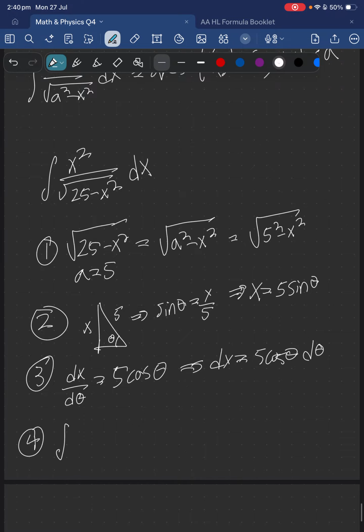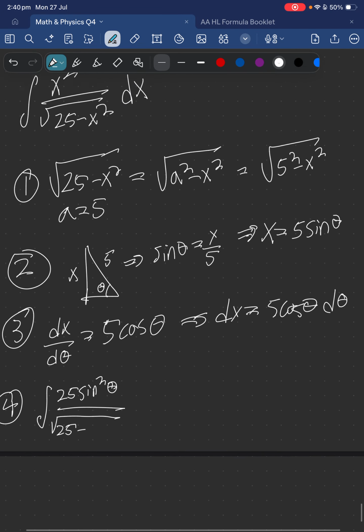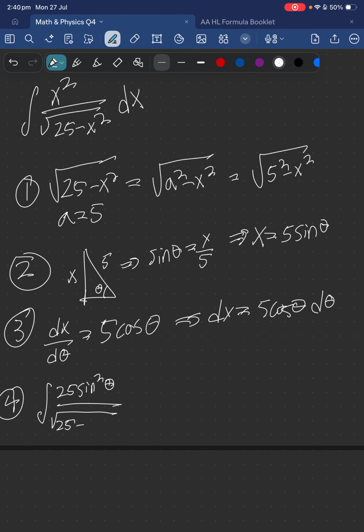So that squared is 25 sine squared theta divided by the square root of 25 minus x squared, which is what we wrote, right? x squared is 25 minus 25 sine squared theta. It's a lot, and then you multiply this by dx, which is 5 cosine theta d theta.